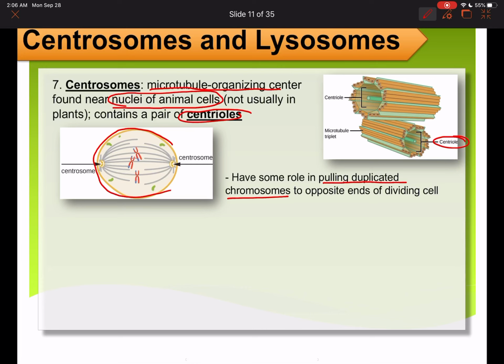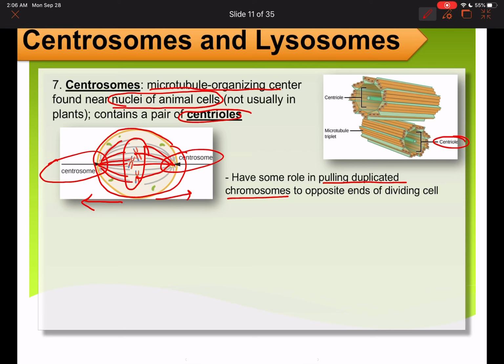Let's say this cell is a dividing cell. What we'll talk about in mitosis is that the chromosomes or DNA will line up towards the middle of the dividing cell. The centrosomes are going to be on this side and this side of the cell, with little lines or fibers radiating out from them, and they will attach to the chromosomes and pull them either this way or that way, until the cell eventually splits into two different daughter cells, splitting the chromosomes into two.